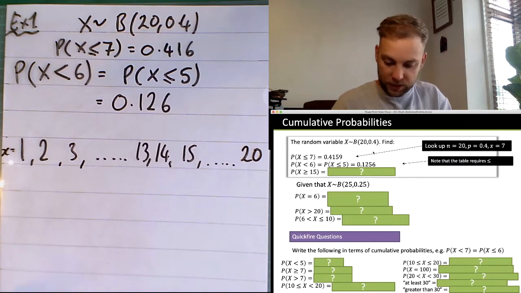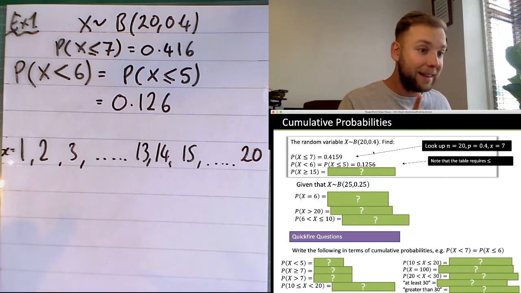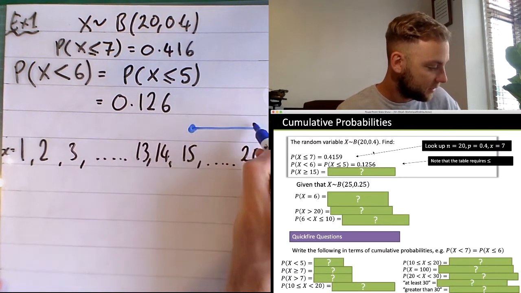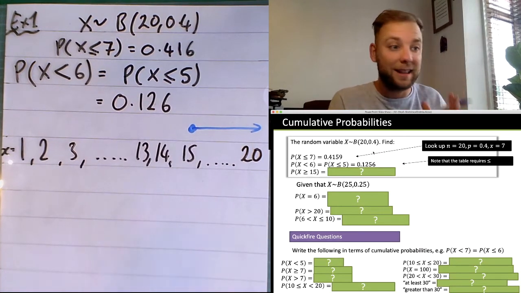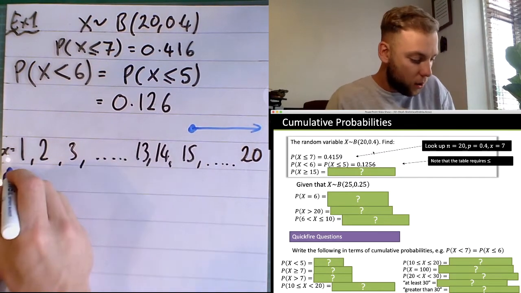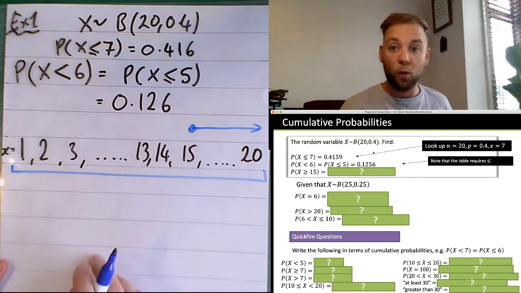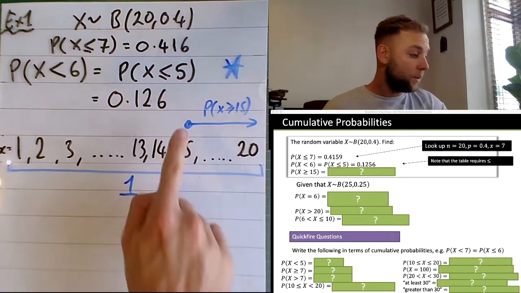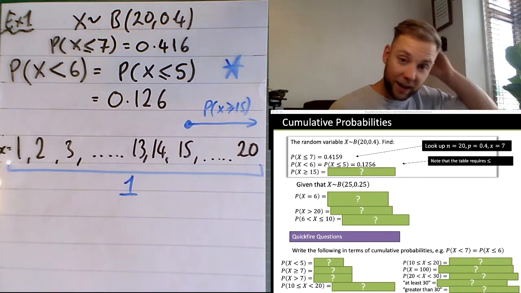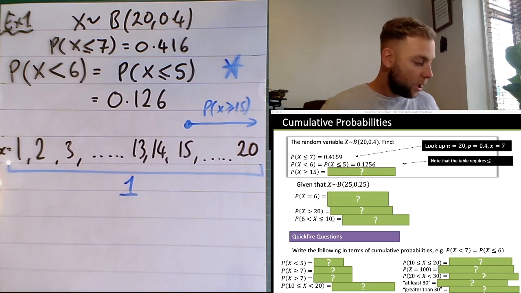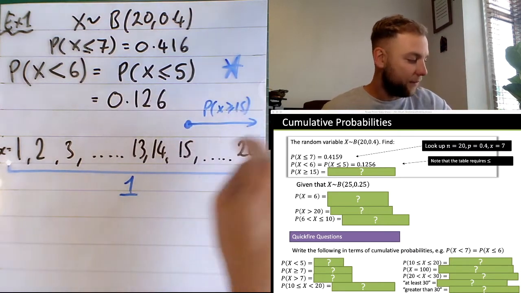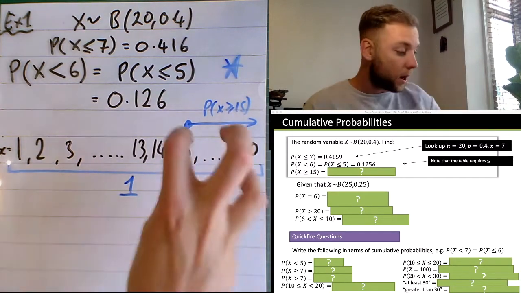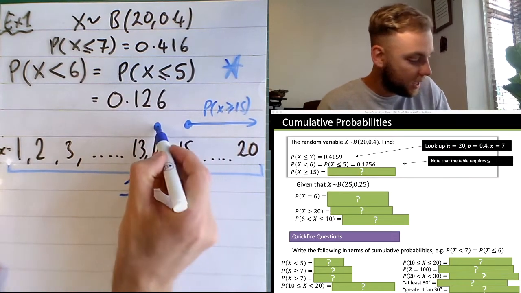And what we want is everything which is greater than or equal to 15. So we want this part here like so. Okay, if I want it to be greater than or equal to 15, we know that the probability of all of these things happening will sum to 1. Okay, so we know that this is the probability of x being greater than or equal to 15. But if I want to find out this part here, then what I need to do is 1 minus everything that's not part of that, which is going to be this part here.